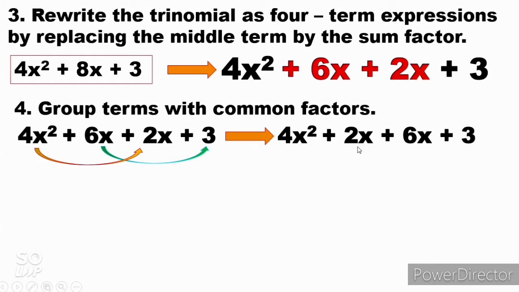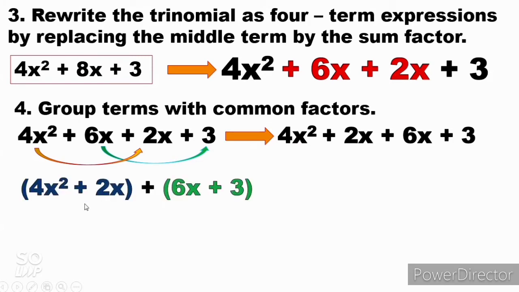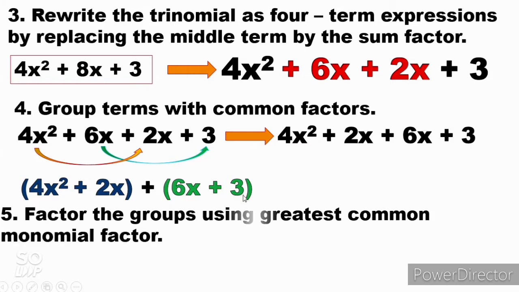Then, the next step is, i-group na natin yung expression natin. So, we have now the quantity of 4x squared plus 2x plus the quantity of 6x plus 3. Number 5, factor the groups using greatest common monomial factor.